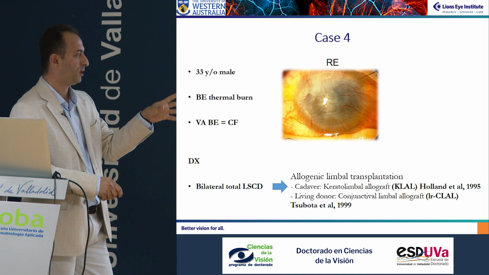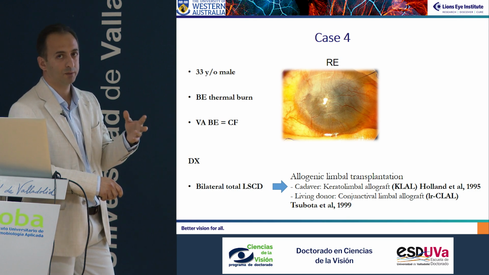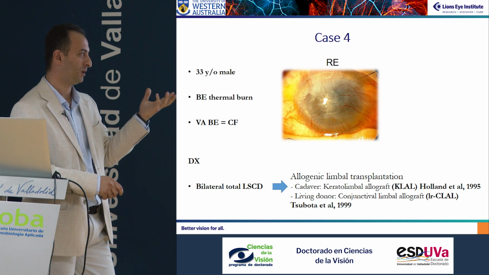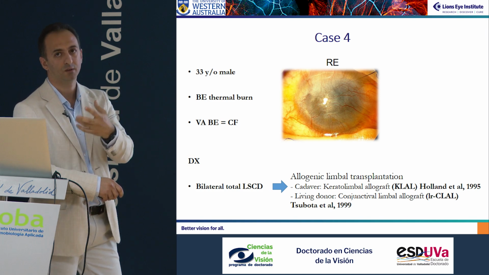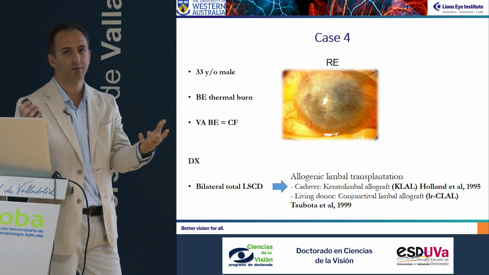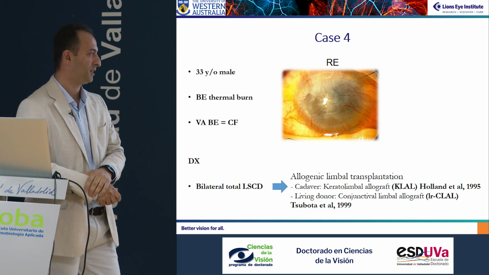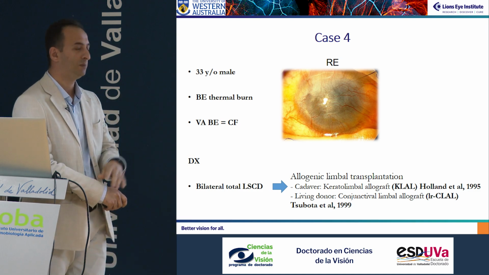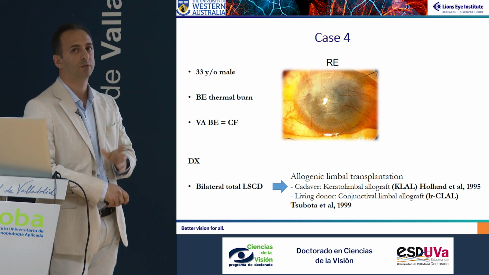Because keratolimbal allograft needed very high dose immunosuppression, they first thought that if they get the graft from a living relative, like one of the family members who has matched immune system HLA antigens, maybe they can reduce the risk of rejection.